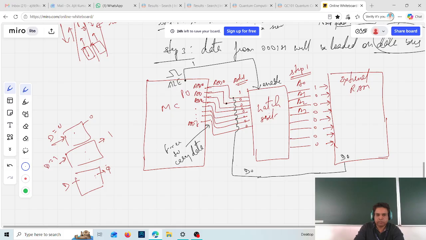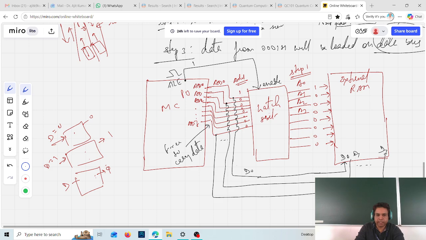Similarly, this D1 will be connected with the input pins of D1. Likewise, this last one, D7, will be connected with the D7 pin of your RAM, and they will be used to carry the data.